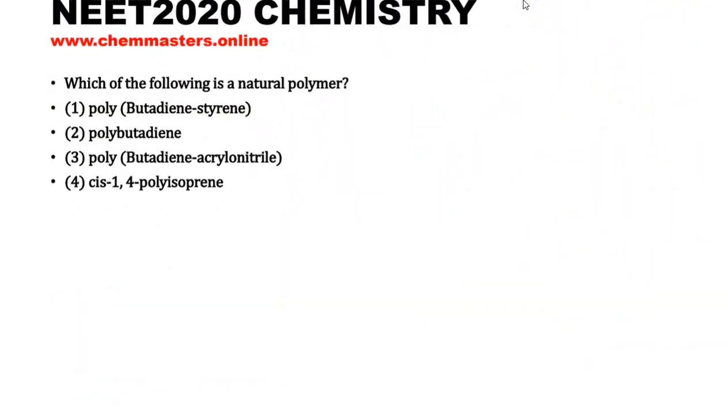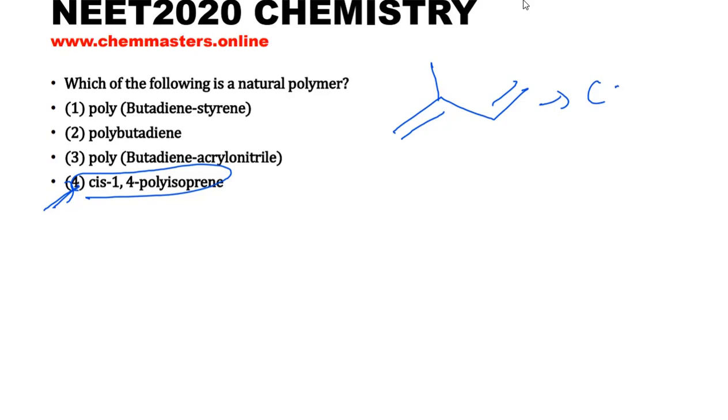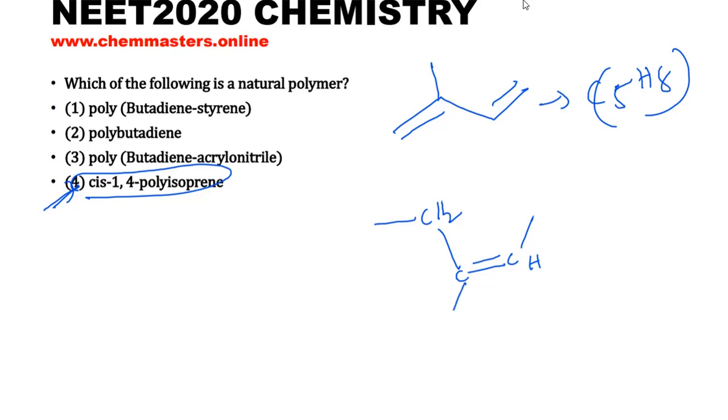Which of the following is a natural polymer? Here cis 1,4 polyisoprene is considered a natural polymer. Do you know isoprene? It is isoprene with the simple formula C5H8. Cis 1,4 polyisoprene is represented as C double bond C, here CH3 and here CH2.